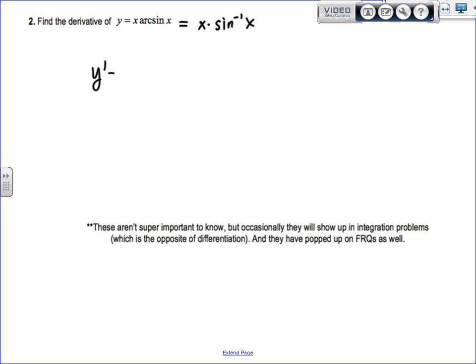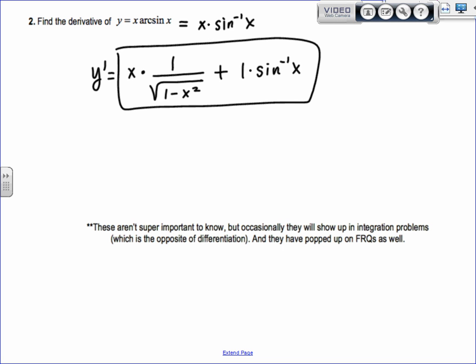Okay, so I'm going to have y prime equals first times derivative of the second. So the derivative of inverse sine, 1 over the square root of 1 minus x squared, plus derivative of the first is 1, second normal is inverse sine of x. You can leave it. You could simplify a little bit. You could do the x on top and then get rid of the 1.